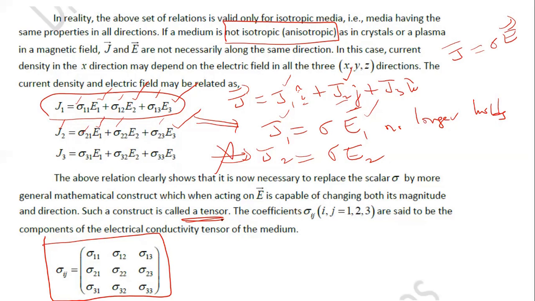Later on we will see that a tensor of zeroth order is a scalar, and a tensor of first order is a vector. And there can be higher order tensors with a higher number of indices. For example, in this case, the conductivity tensor can be represented using two indices. So this is called a second order tensor.